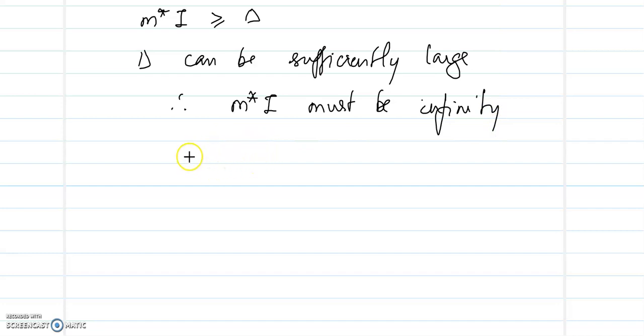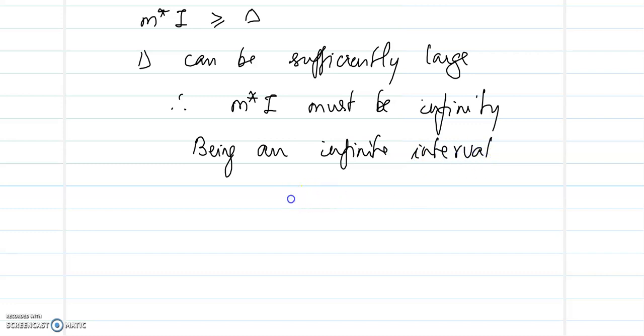I being an infinite interval, in the infinite interval case we have defined the length of an interval to be infinity. So here we are getting M star of I equal to infinity.